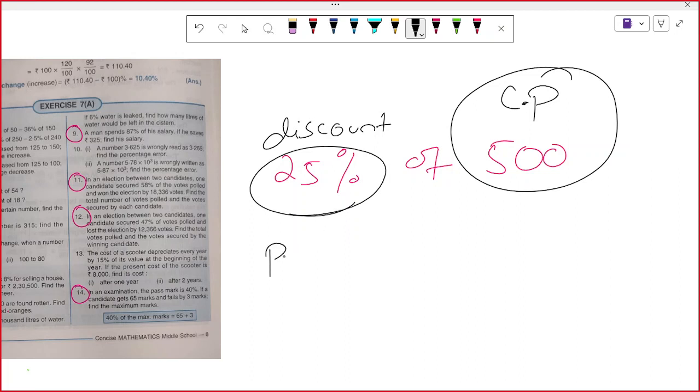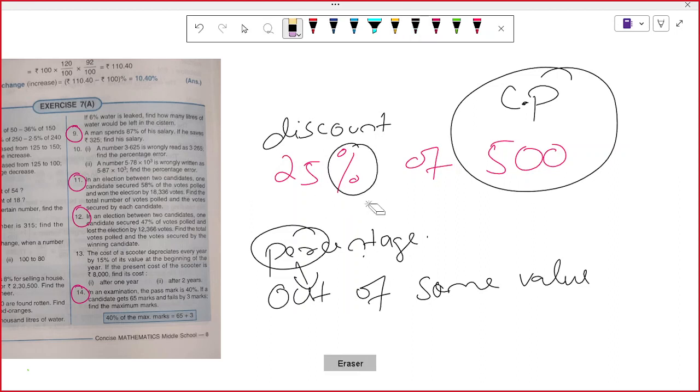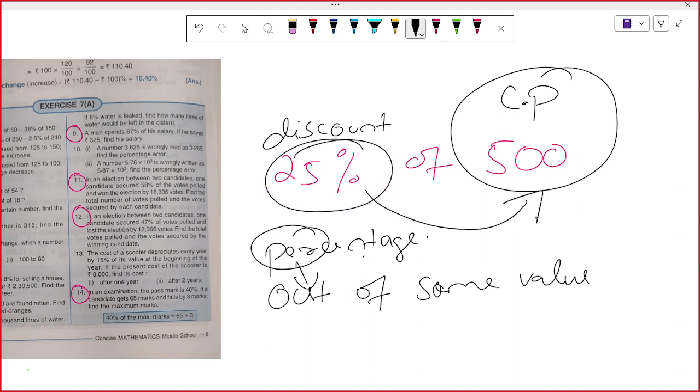What did I tell you percentage means? For every, or out of, some value. Percent is out of, cent is 100. Out of every 100, or out of some value. So this 25 percent is some part of 500.